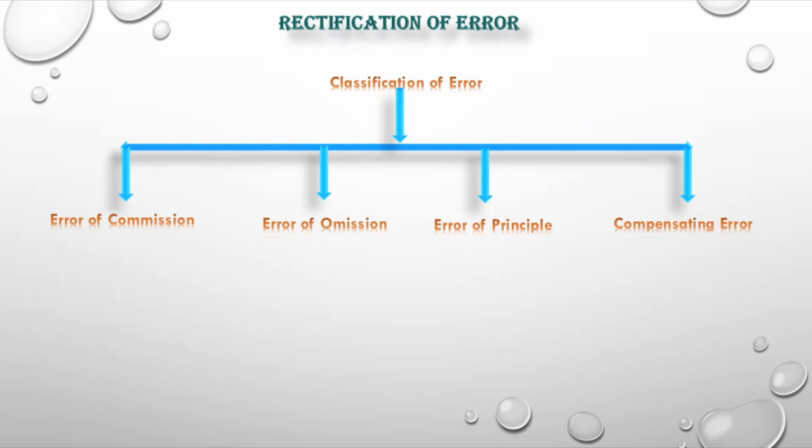Now compensating error is an error when two or more errors are committed in such a way that the net effect of these errors on the debit or credit side of the account is nil.